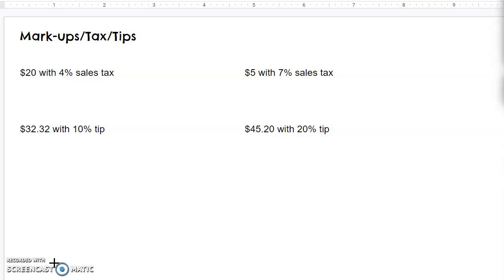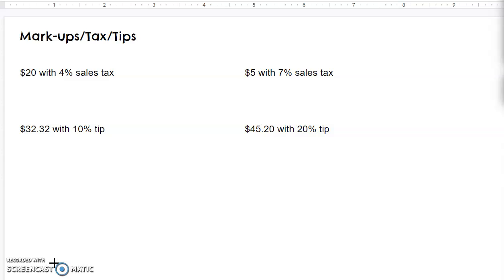Or let's say I own a company and whatever item I'm selling, let's say it costs $10. Well, I'm not going to turn right around and sell that item for $10. I need to make some sort of profit. So maybe I mark it up 300%.